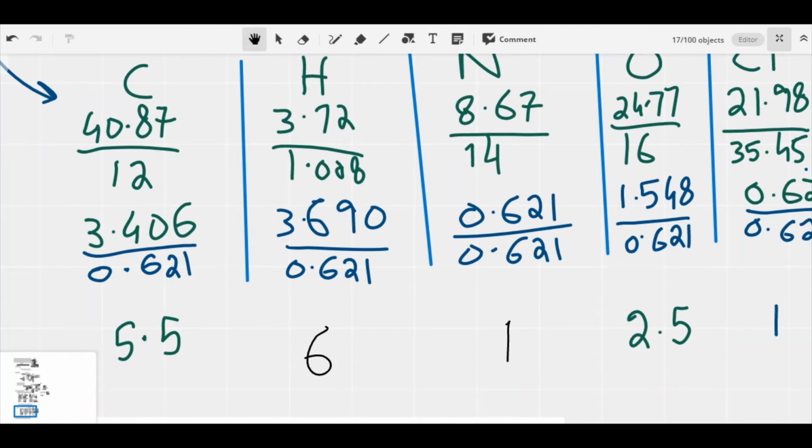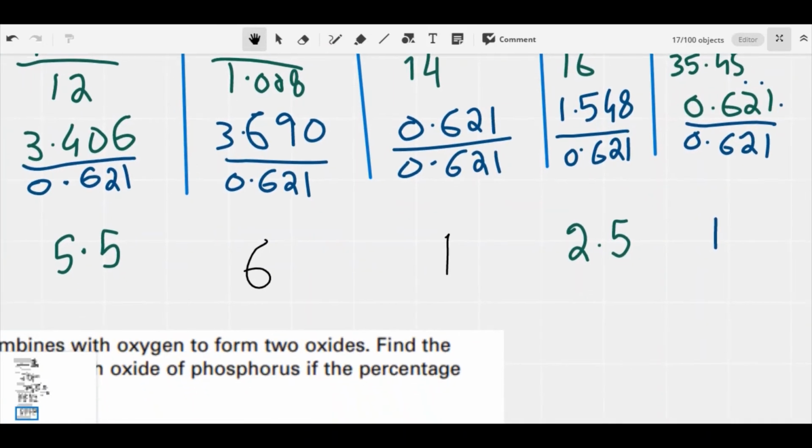As we see, there are two numbers that are not whole numbers: 5.5 and 2.5. So we have to multiply all numbers by 2 to get whole numbers.